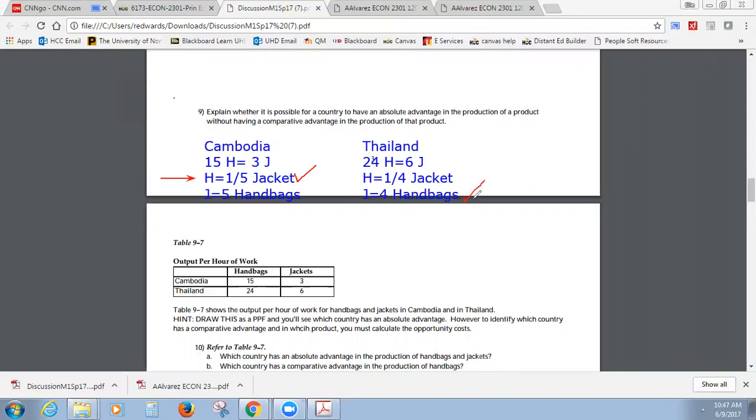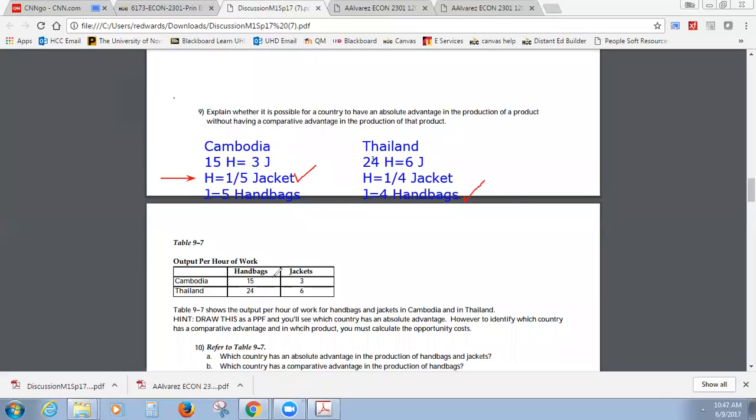Notice how I didn't even look here to see if Thailand should focus on handbags. I don't have to because it's comparative advantage. Just like when you're comparing two things, if I swim better than I run, I cannot run better than I swim. So the question earlier was, can a country have an absolute advantage and yet not have a comparative advantage in a specific good?